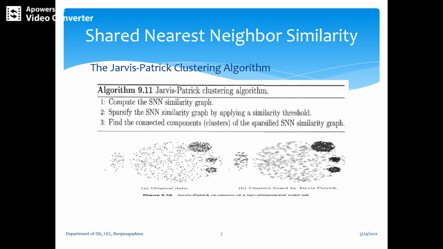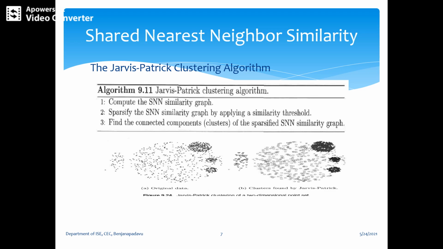Here the two diagrams show the original data set and the clusters found by Jarvis-Patrick clustering. In the original data, certain points will be connected, computing the shared nearest neighbor similarity. Almost all similarity we found in this part by applying the SNN similarity concept.